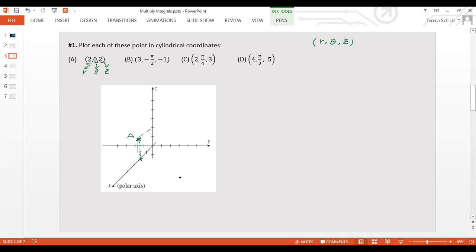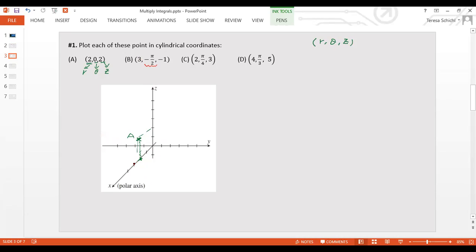Now let's take a look at 3, negative pi over 2, and negative 1 for point B. I'm starting at 3, and now I swing negative pi over 2. We know that if you go this way, it's positive, so this way will be negative pi over 2.